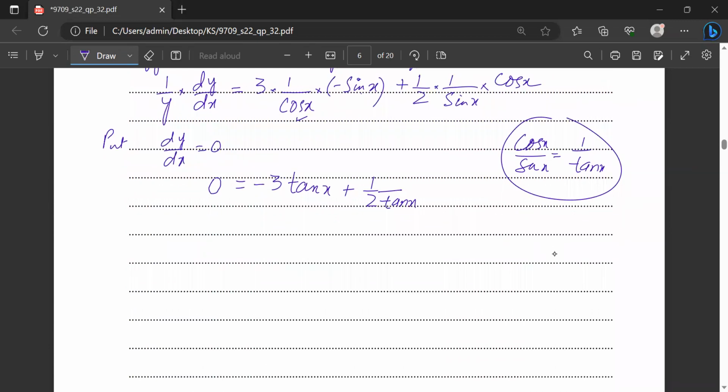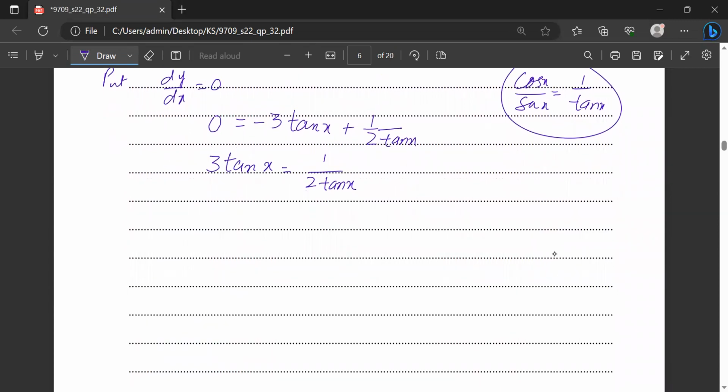Now simplify: shift 3 tan of x here, so it equals 1 over 2 tan of x.